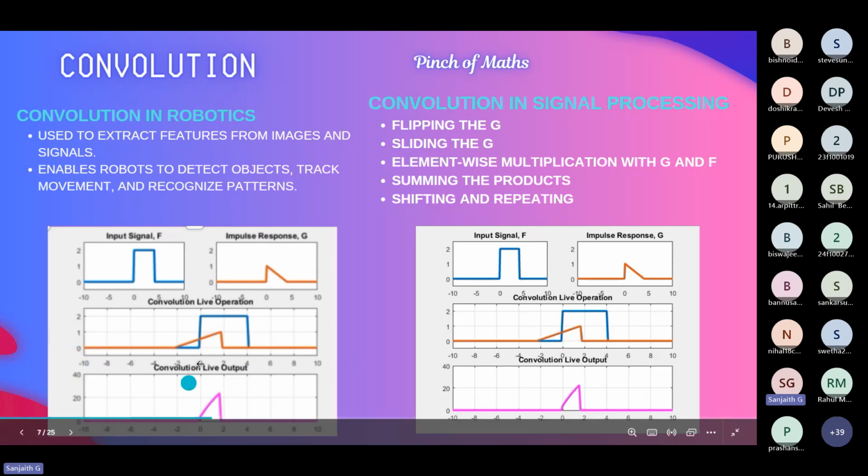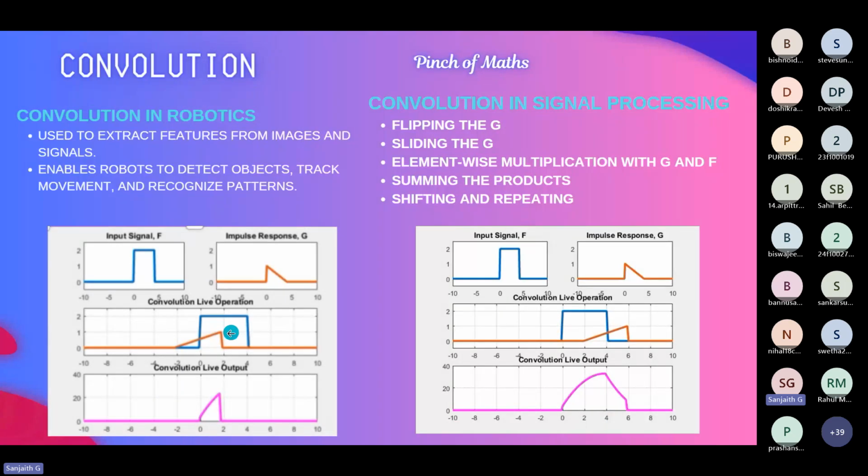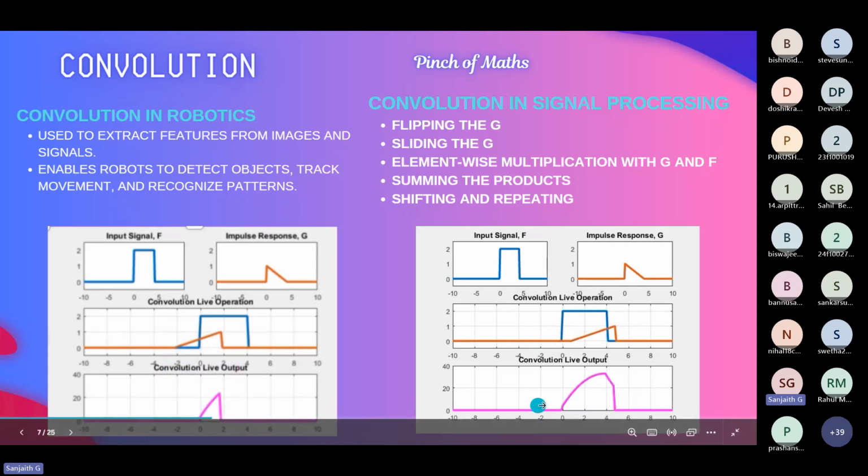While doing this convolution, we are multiplying each and every element at an instance. Then we sum up all the element wise multiplications to get a value, and that value is the result here.